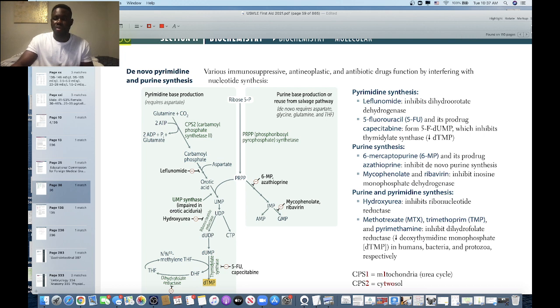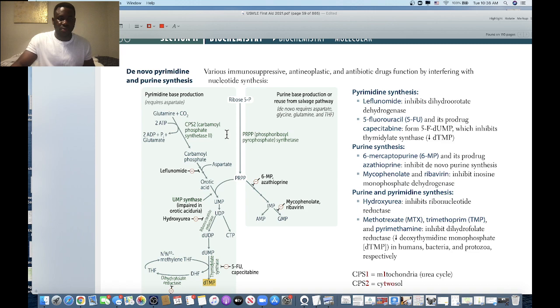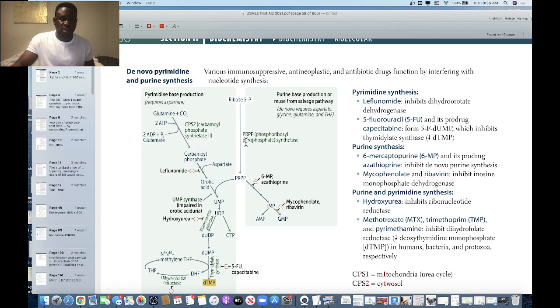Let's go back to our page. Not very sure which page, but if we get to around page 80, we can maneuver away from there.